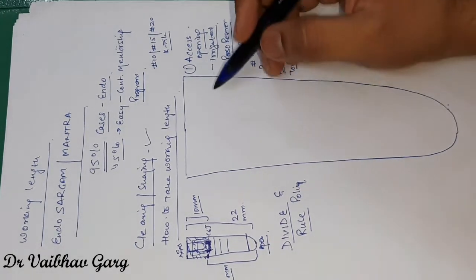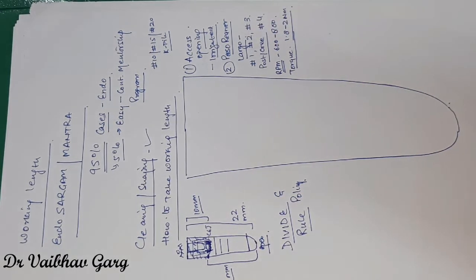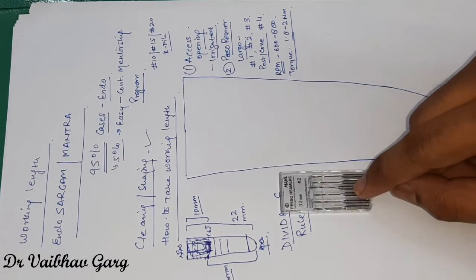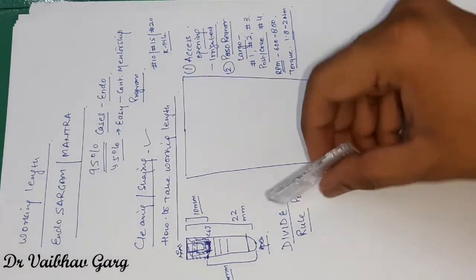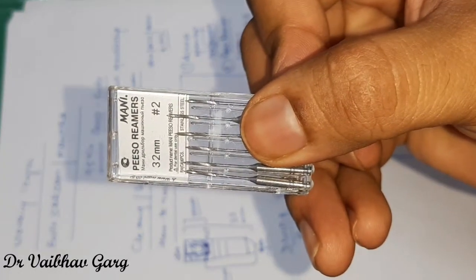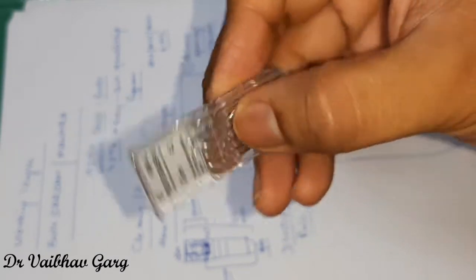So I would request you that start a piezo reamer. I hope everybody knows how a piezo reamer is like this. This is a number 2 piezo reamer. I'll bring it closer to the camera. Can you see this? Number 2. It's a piezo reamer.